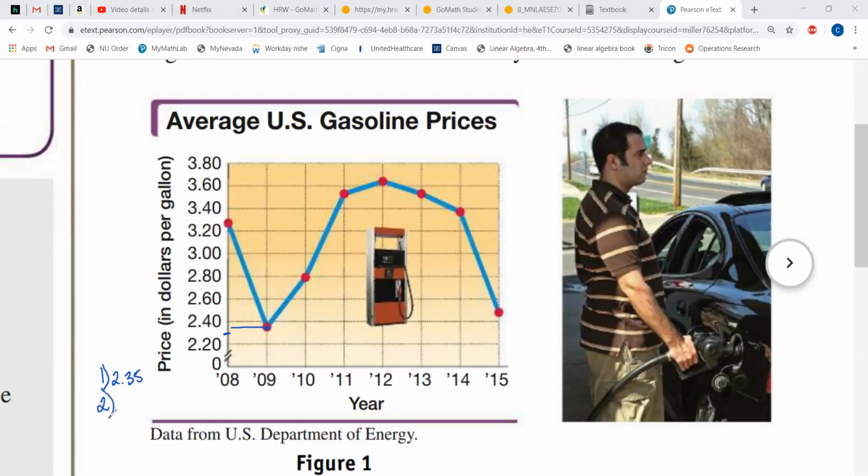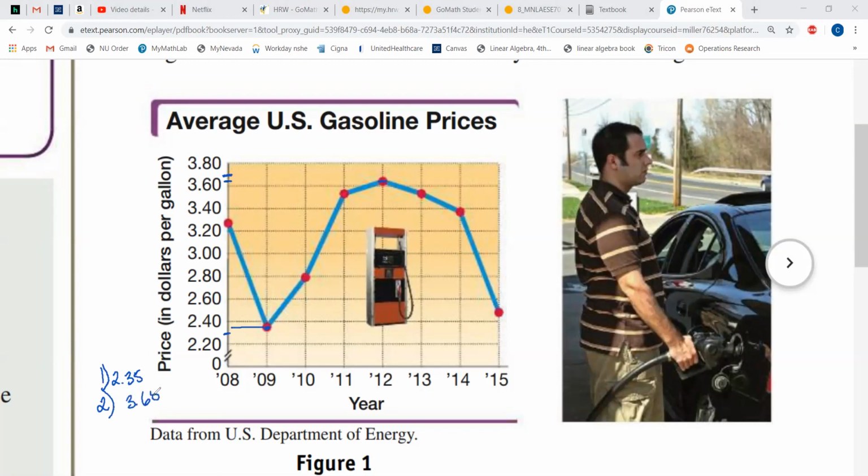Number 2 said about how much did the average price of a gallon of gas increase between 2009 and 2012? Well, we said that it was $2.35 in 2009. In 2012, if we follow this up, it's roughly right here. And I'm going to say, since this is about 3.7, that's probably 3.65.